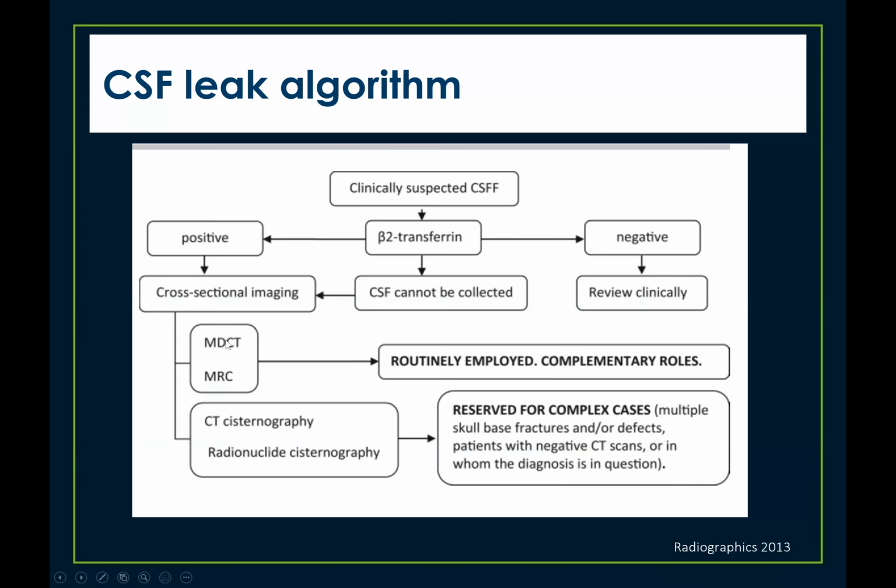So next step would be a high resolution CT. We can also do an MR cisternogram as we demonstrated before, and leave CT cisternography and nuclear medicine cisternography for more complex cases.